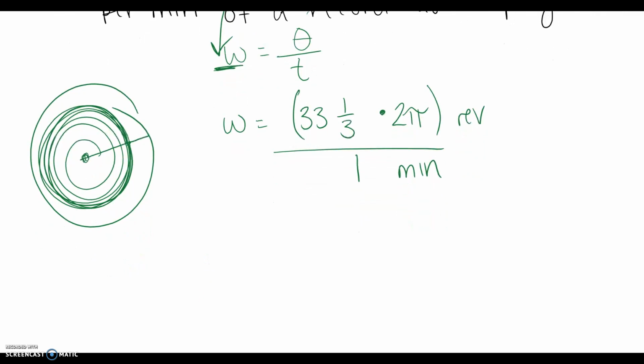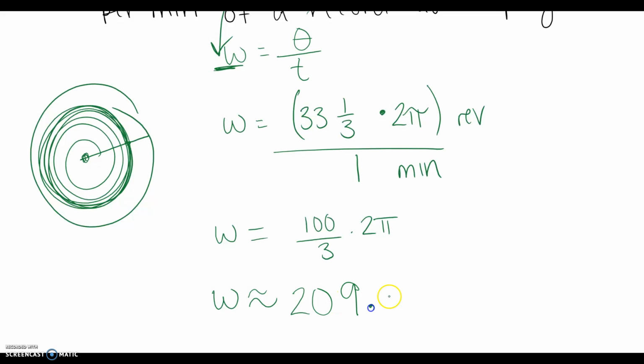We could just do this whole thing in our calculator. 33 1/3 is 3 times 33 plus 1, so that's 100 thirds, times 2 pi. So it's approximately 209.4 radians per minute.